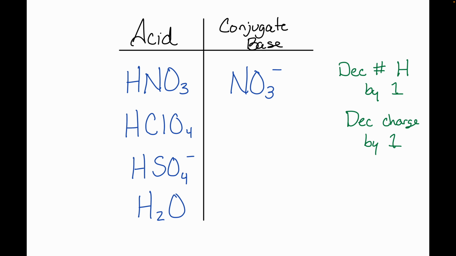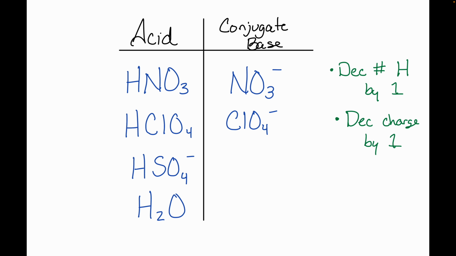To get your formula right, you're going to take away a hydrogen and decrease that net charge by 1. HClO4, perchloric acid, is going to lose its hydrogen, so it's just going to be ClO4. Then I'm going to decrease that charge, giving it a -1 charge.